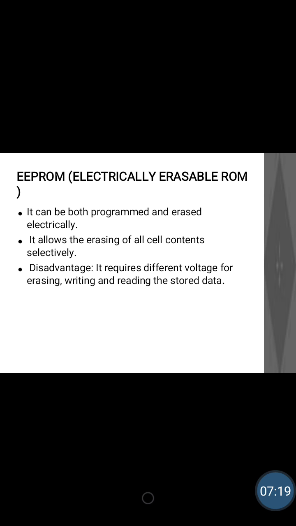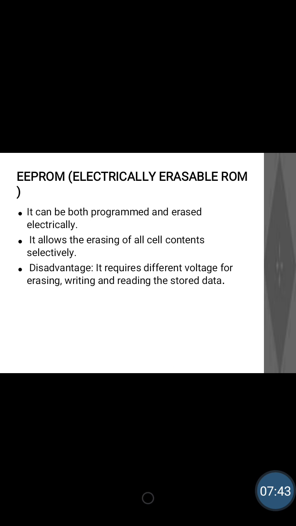Programming is done, erased, and then it can be reprogrammed. It allows erasing of the contents of cells selectively. It's not that all the content of the memory will be deleted. No, selective content can be erased. One of the disadvantages is that it requires different voltages for erasing, writing, and reading the stored data.